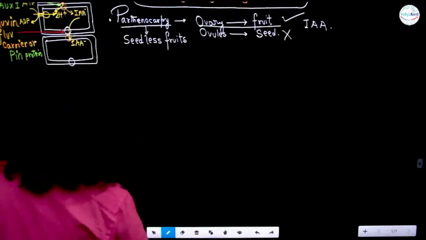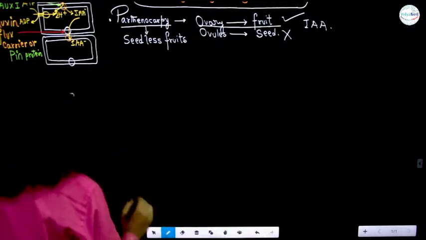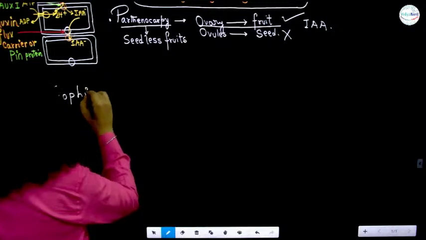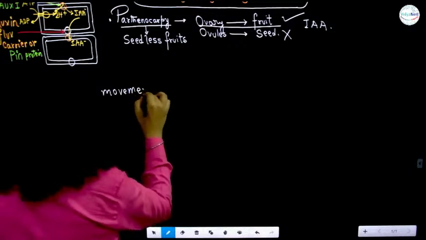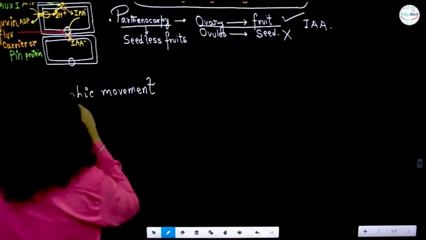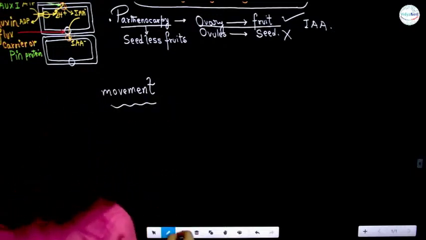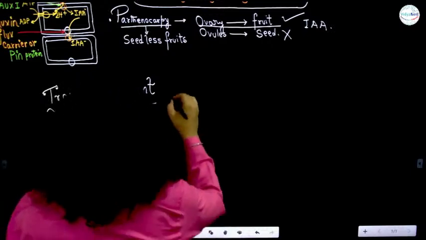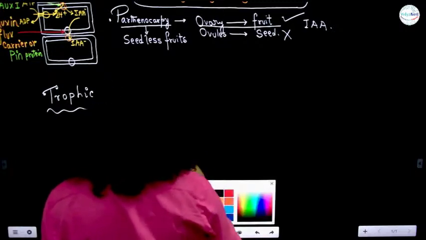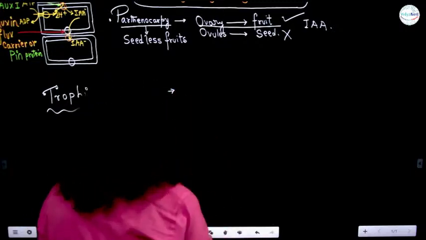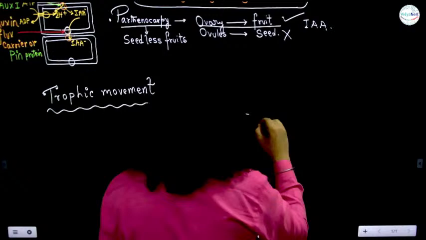Tropic movement is a type of movement in which the seed germinates like this.